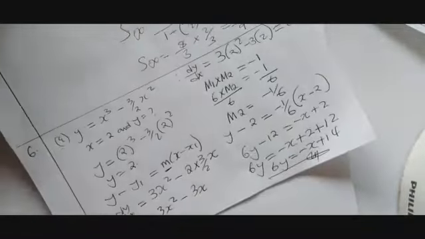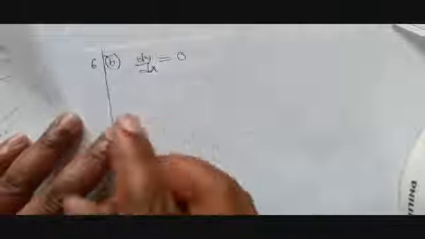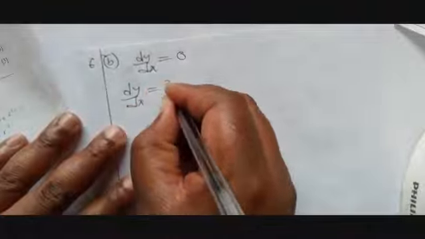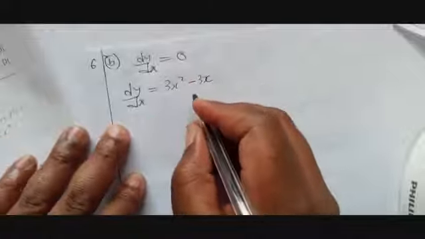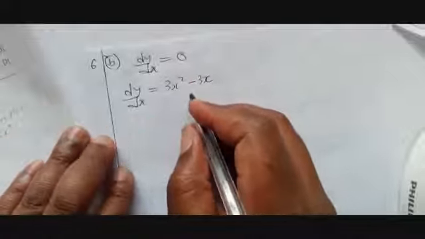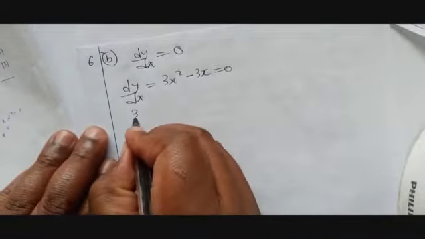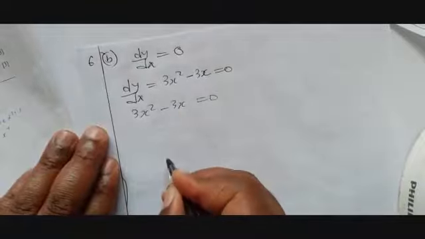So dy/dx is equal to 3x squared minus 3x. Now this is equal to 0. So 3x squared minus 3x equals 0.